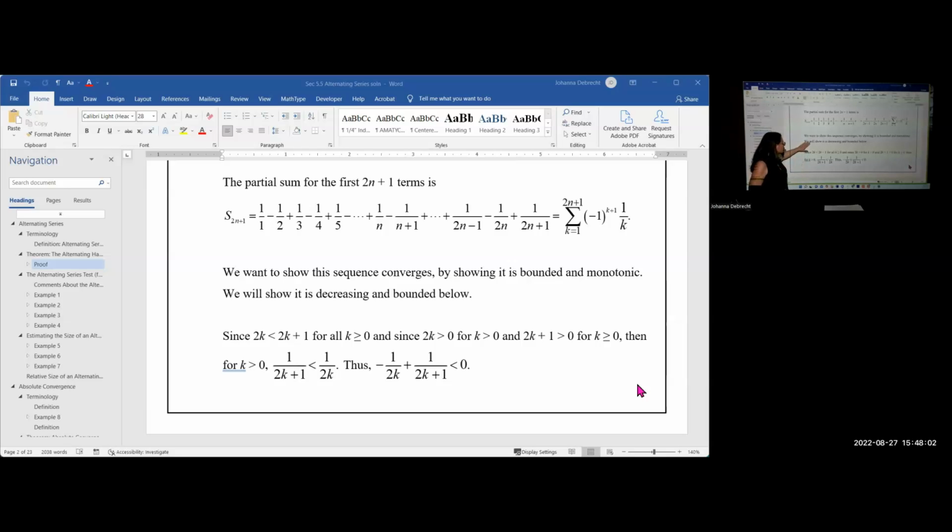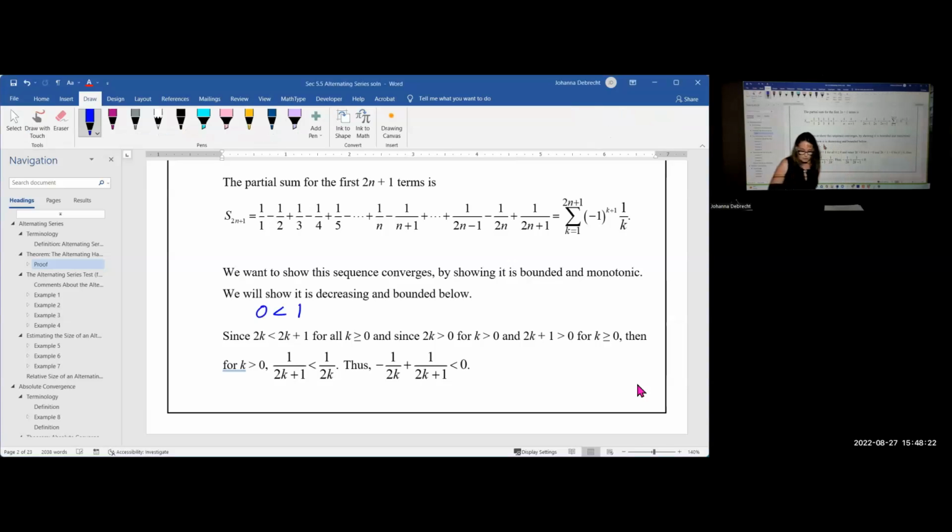What we're going to start with is 2k is less than 2k plus 1, which is true provided that k is greater than or equal to 0, because we could subtract the 2k from both sides and get the true statement 0 is less than 1.